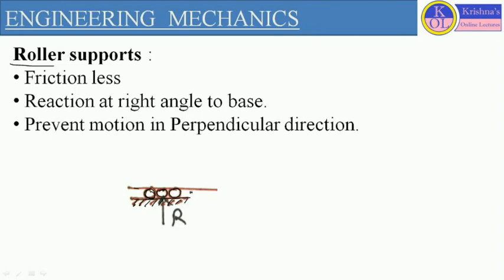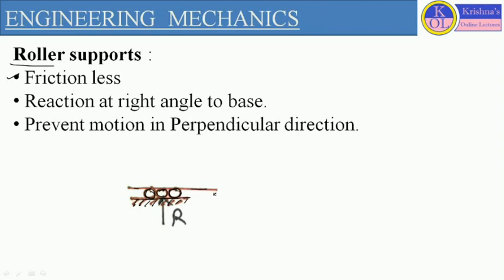Basically, the first point you need to remember about the roller support is that these supports should be frictionless. We are providing rollers between the frame and the fixed horizontal surface.